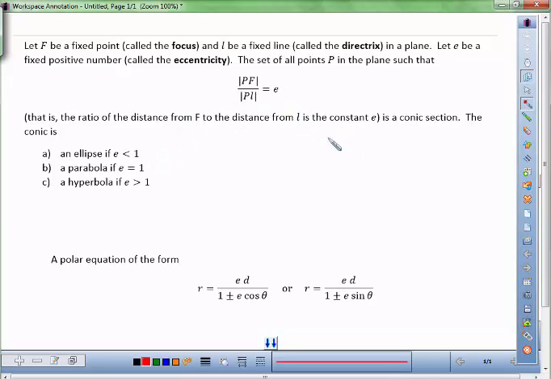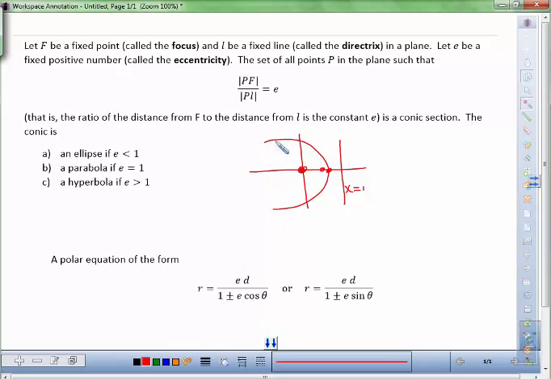So let's talk about this as an ellipse. This is one of your focus points, and let's say your directrix is over here. So this would be your point P. This distance here is PL.